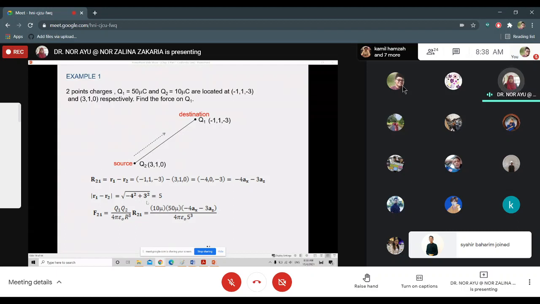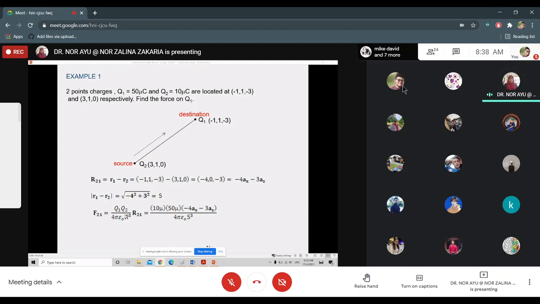Substitute inside the equation, and you know the values for Q1 and Q2, and 1 over 4 pi epsilon naught is 9 times 10 to the power of 9. Substitute everything together and you will get this answer. So the force F21 will be negative 0.144 ax minus 0.108 az, and the unit is Newton. So don't forget the units.